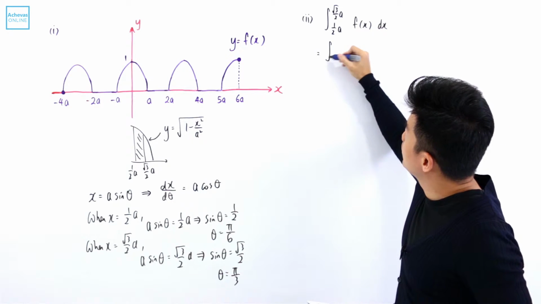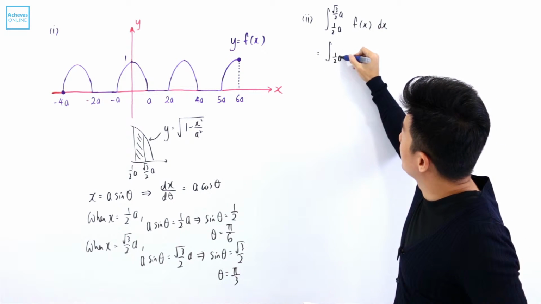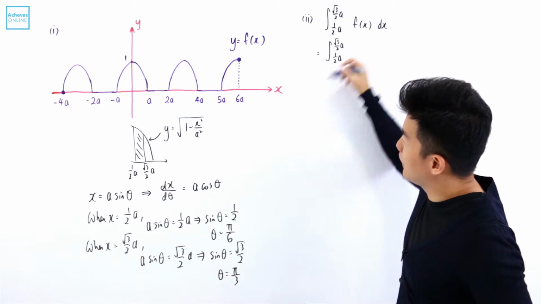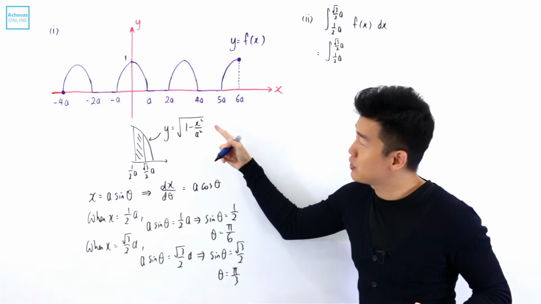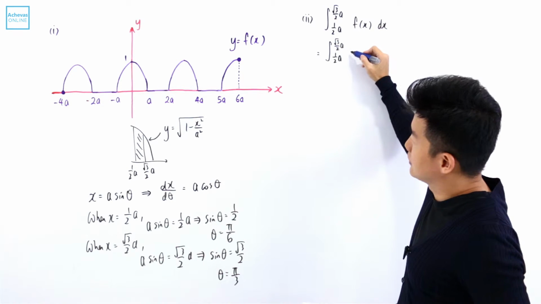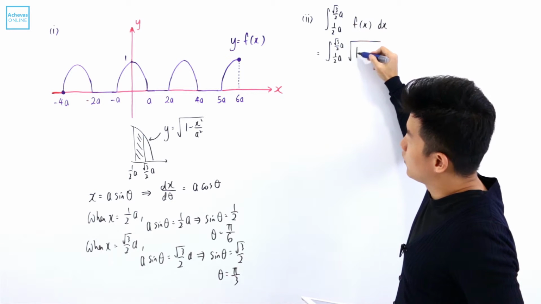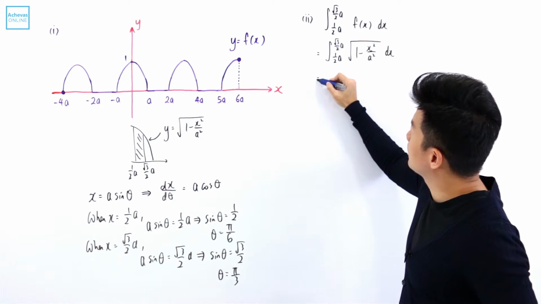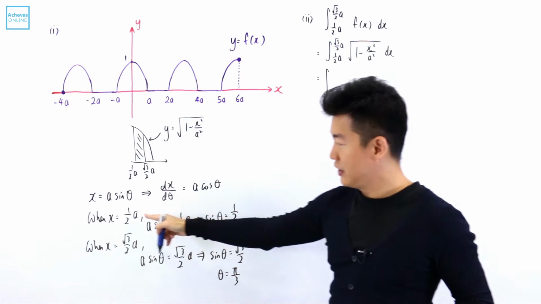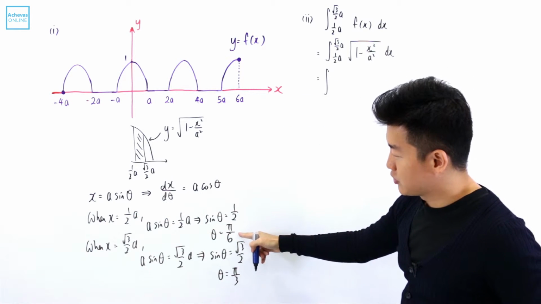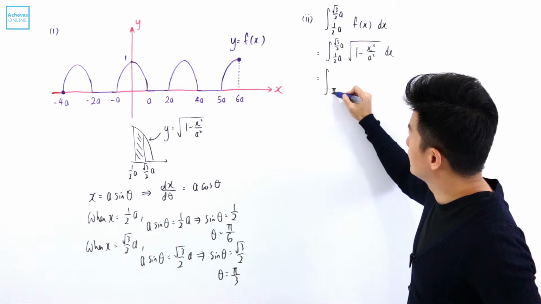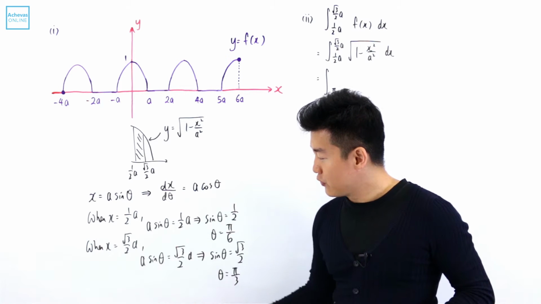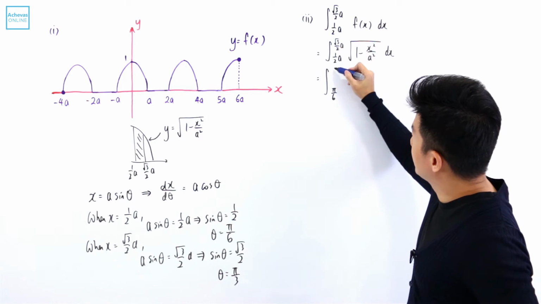So this is going to be equal to the integral from half a to square root 3 over 2 a of f(x), using this expression, square root of 1 minus x squared over a squared dx. I'm going to make use of my substitution now. Half a is substituted by pi over 6, and square root 3 over 2 a is substituted by pi over 3.